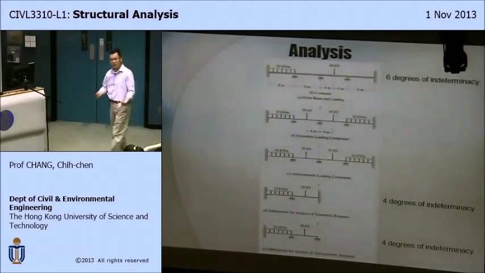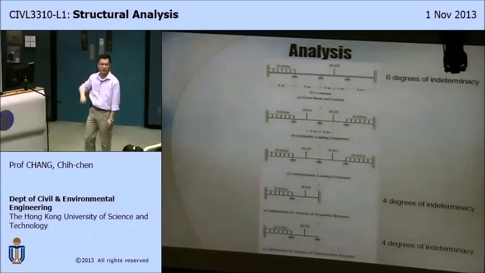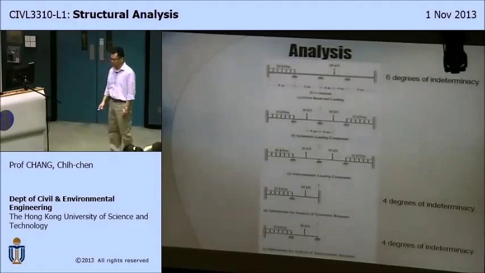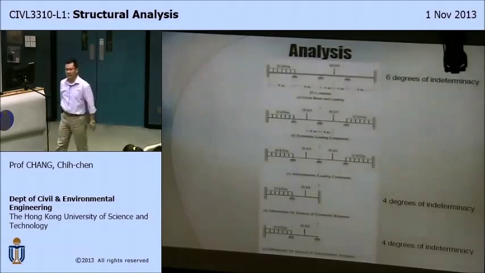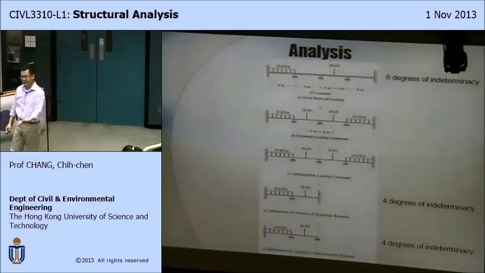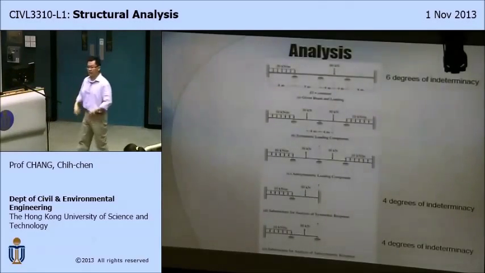So you are resolving the original 6 degrees of indeterminacy to a combination of 4 degrees of indeterminacy plus 2 degrees of indeterminacy analysis. Okay, so you need to do 2 analyses, of course, but the degree of indeterminacy is less than before. So you have options.